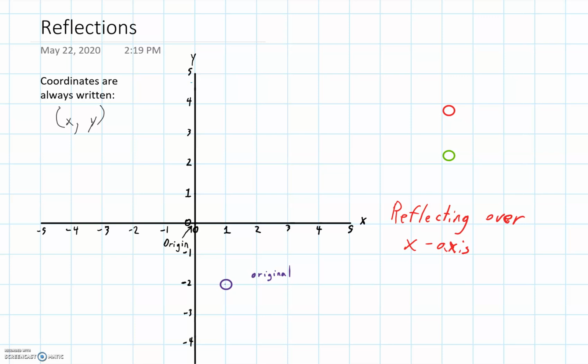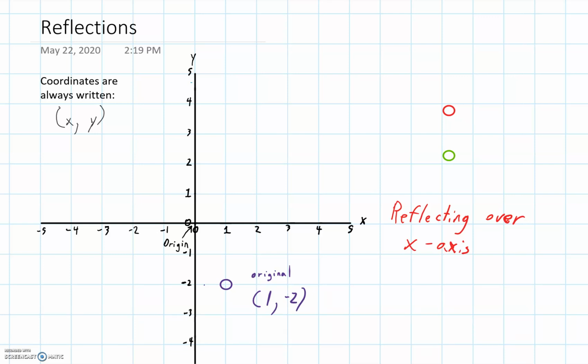So first of all, we're going to go up and we're going to notice that it starts off with our x, because it's our x-axis, of 1. So x is a 1. The second thing to notice is that our y is -2. Alright, so now we have the original point.